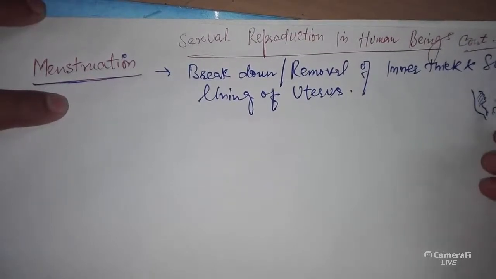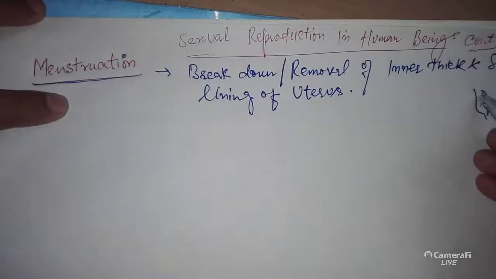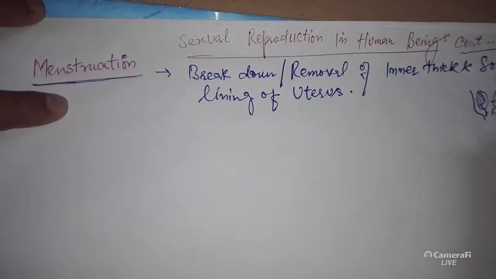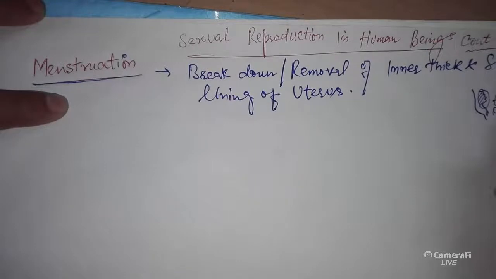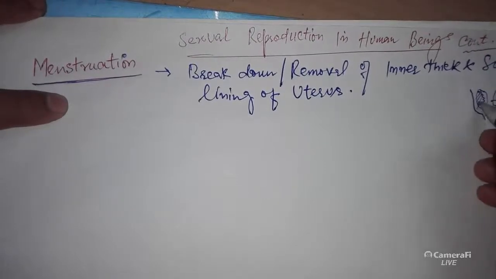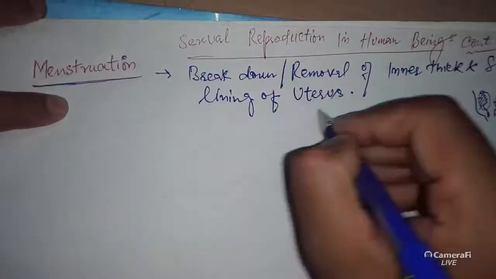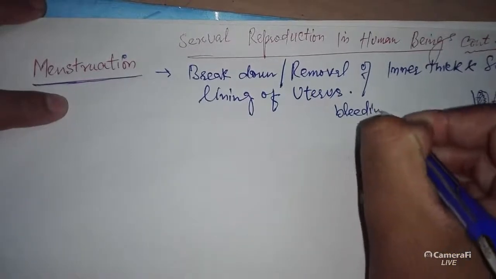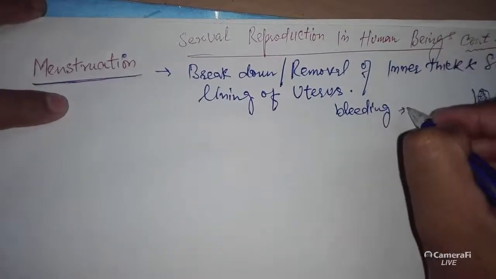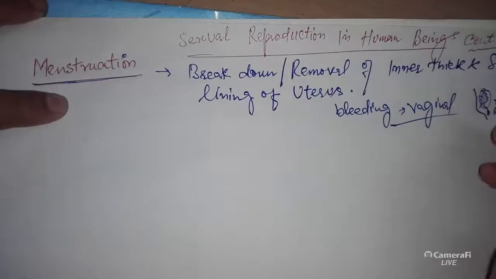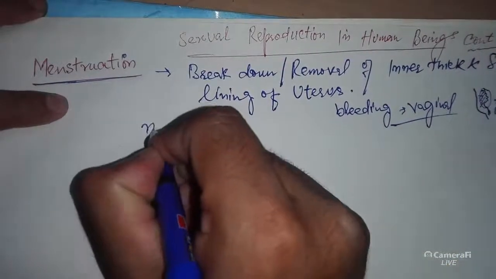In menstruation, this full lining of the uterus breaks down and is removed, along with the blood vessels which are growing there, in the form of bleeding. That bleeding we call vaginal bleeding, the menstrual flow.